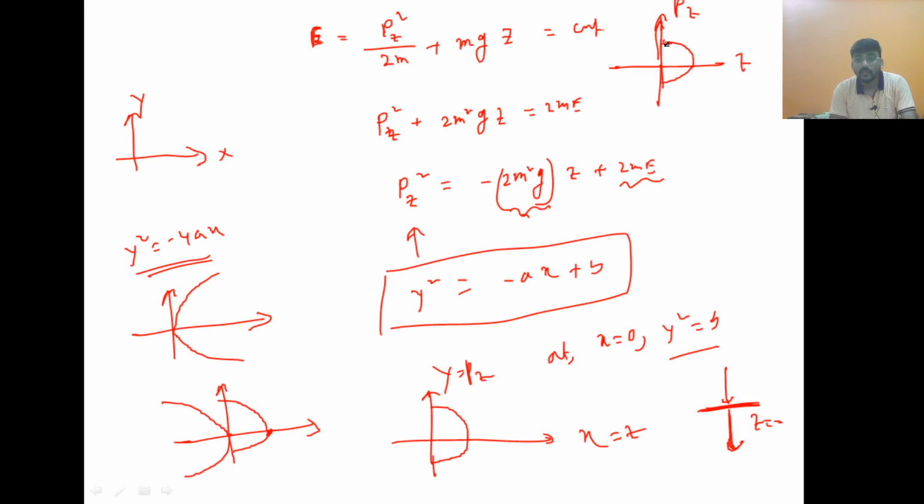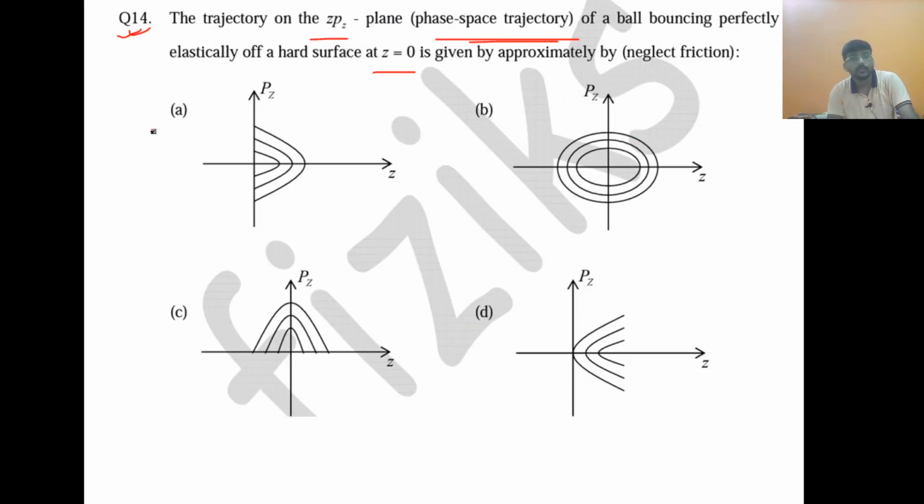This is the one graph. So a set of curves you can get for different values of pz. For different values we can get different phase trajectories. Okay, so option A will be the correct answer. This is the phase space in the z-pz plane. Okay, thank you.